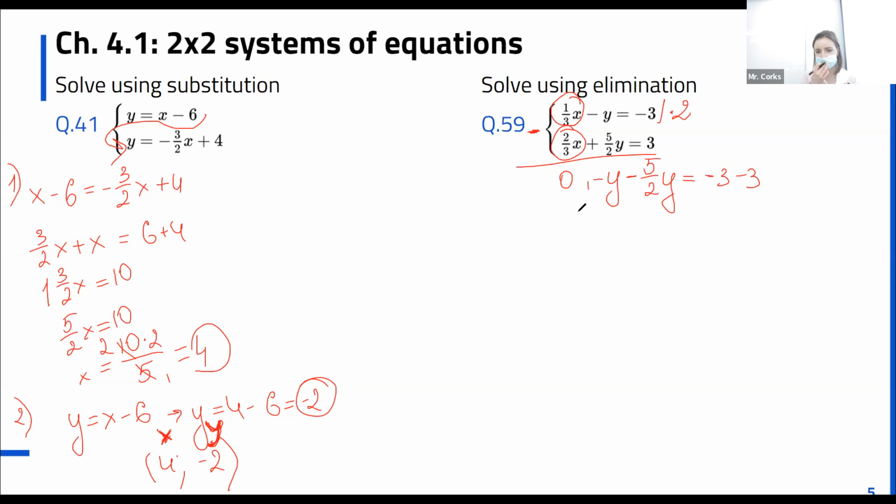So we have minus 6. Here we have 2 and 1 over 2 y. Let me check to make sure.